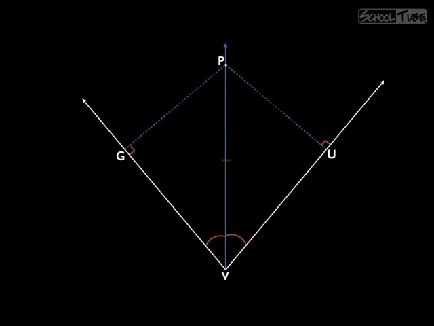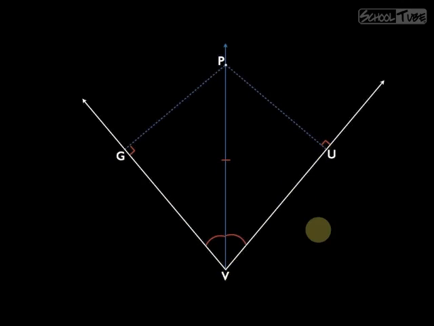And we also happen to know that angle PUV and angle PGV are right angles, which makes them congruent by the right angle congruency theorem. So by angle, angle, side, we have two congruent triangles. Triangle PGV is congruent to triangle PUV.